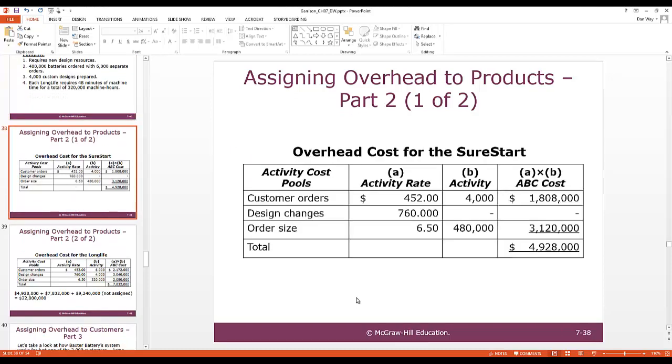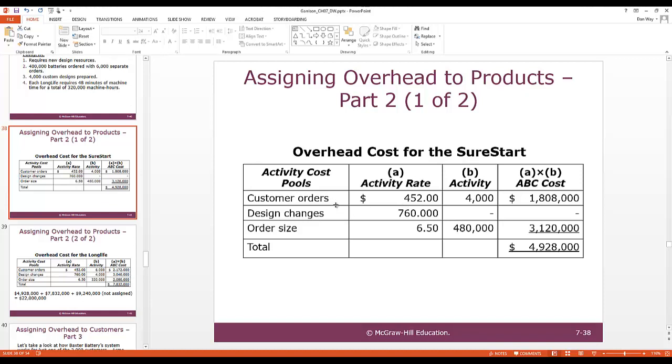So if we look at the overhead cost for the Sure Start, we're going to apply or assign overhead to that product in a very similar way as we had been doing in previous chapters. Now, though, we're using our individual activity rates for our individual activities rather than a plant-wide or department-wide overhead rate. So the Sure Start needed resources, so to speak, from three different cost pools.